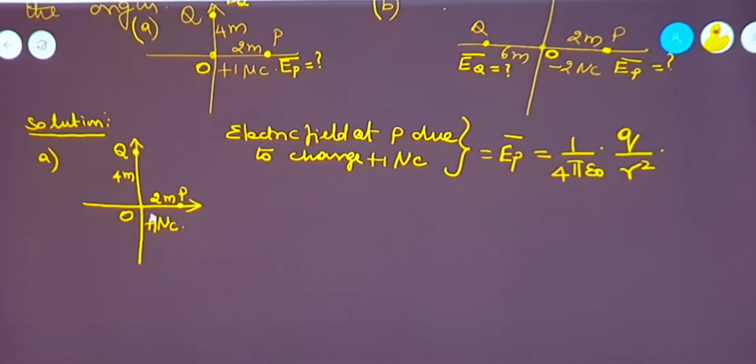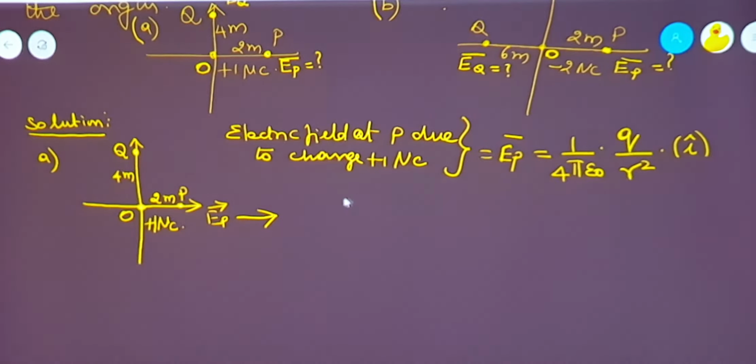Along what direction? The charge is positive. So the EP vector that you are calculating at this point is acting away from that of the positive charge. That is along the positive x-axis.